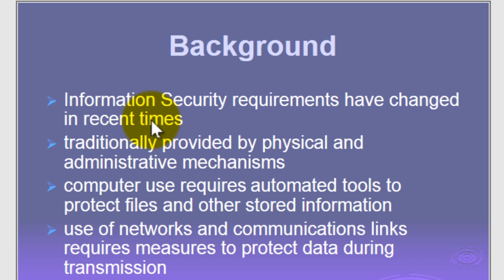In earlier days, security was provided to your computer by physical means, like locking your CPU so that no hacker, no opponent, could open your system and steal the important data by stealing magnetic disks or magnetic tapes. They would lock the systems so that no other person could open them.